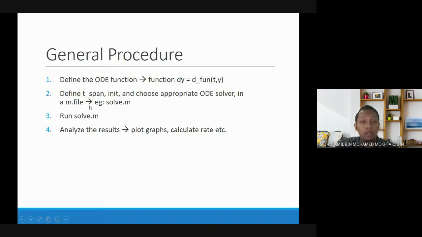All of this you must write in another function, and save that function using a name that's similar to that function. In the example just now, I wrote solver underscore try1, so make sure the name is the same. Then you run function number 2, the function on top. Then you can analyze the results, plot graphs, calculate rates, and so on.